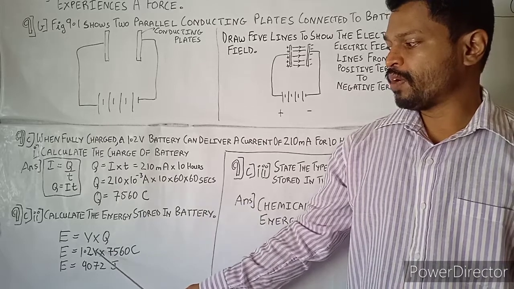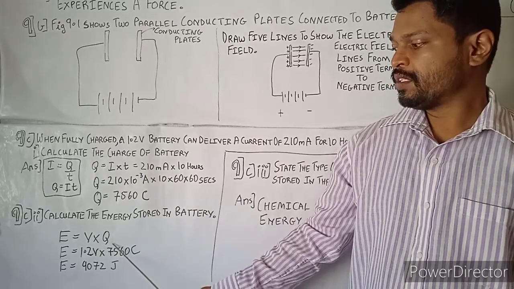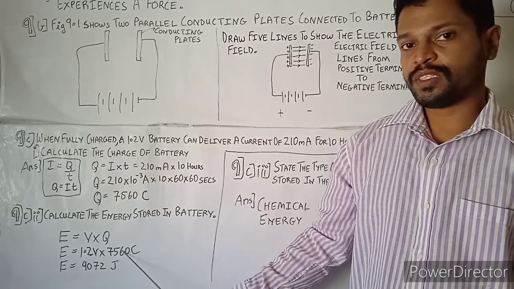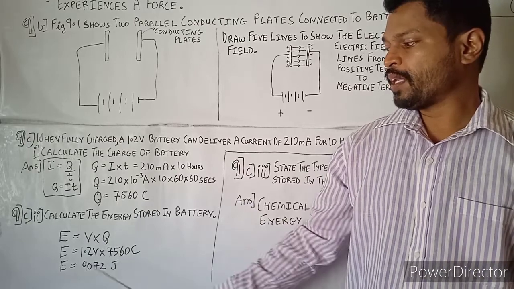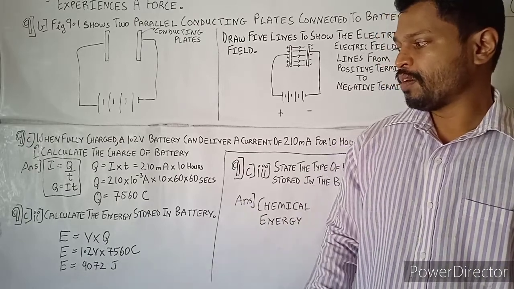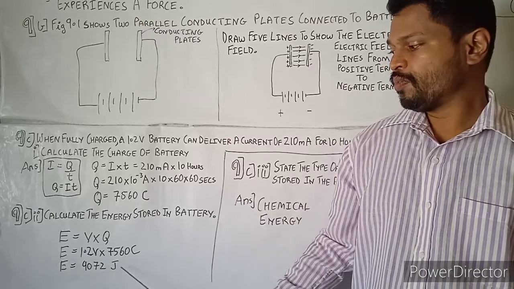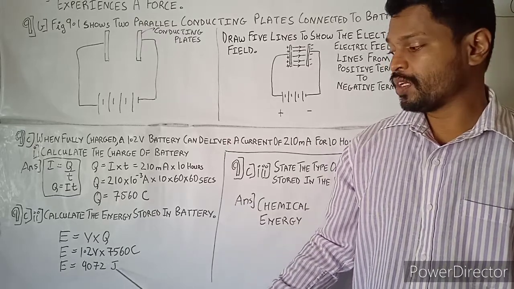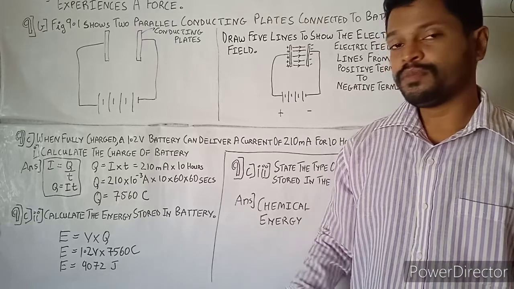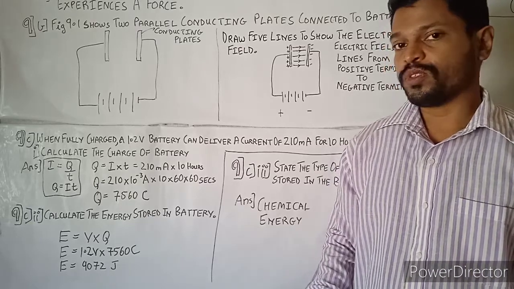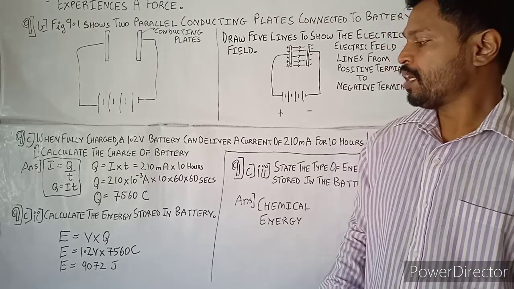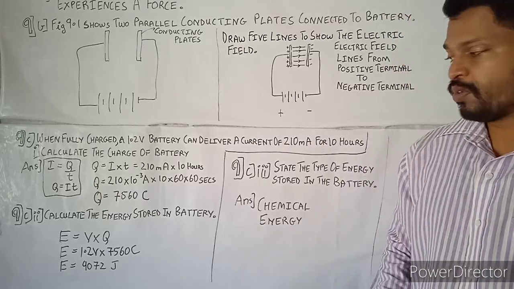Voltage is 1.2 volts and charge is 7560 coulomb. So we have to multiply that, we will get the energy. Energy is always in joules. So we will be putting the answer as 9072 joules, J.